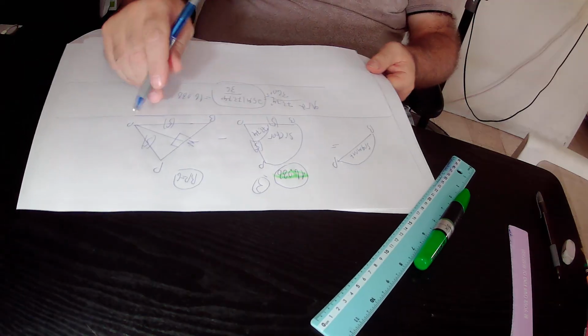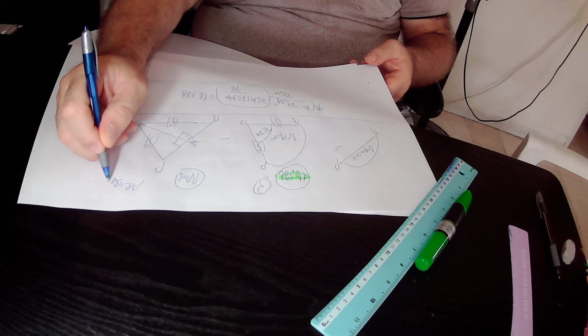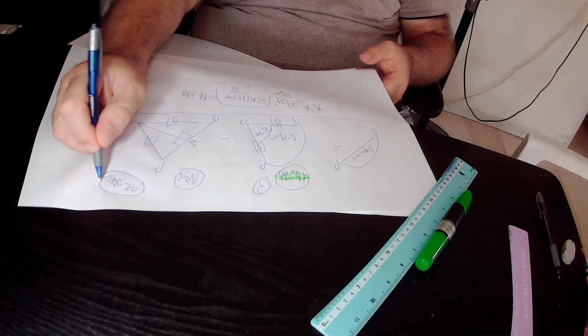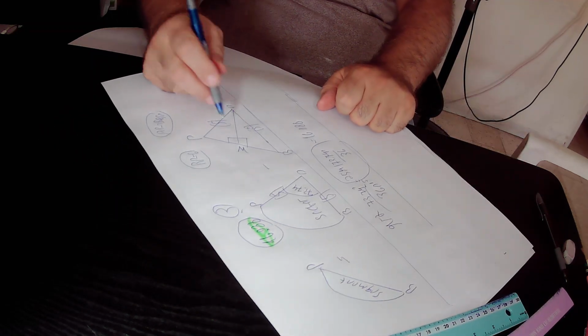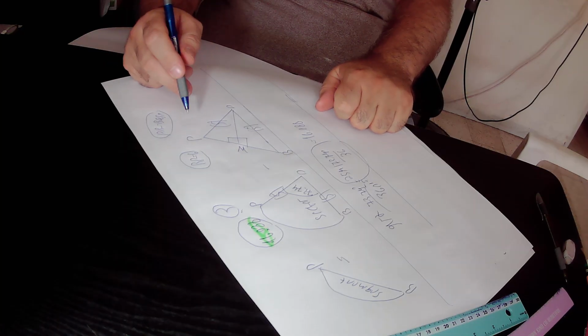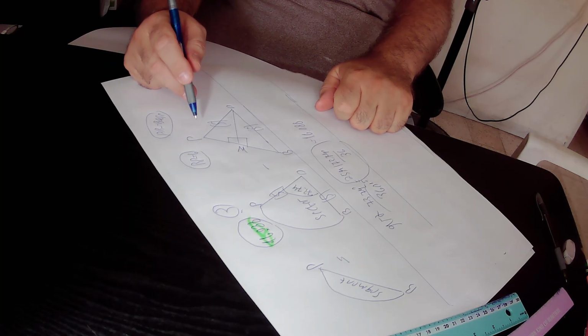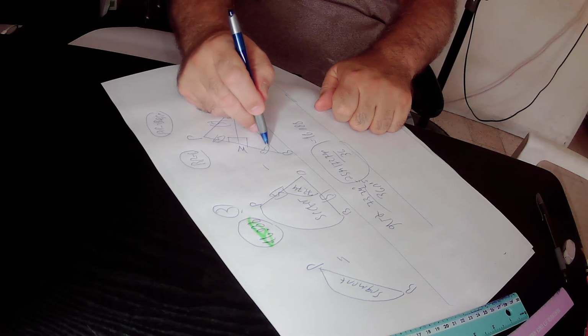The base is PB. So, according to the rule, the perpendicular OM bisects base PB. PB in total is 6, therefore each half must be equal to 3. The first half PM is 3, and the second half MB is also 3.